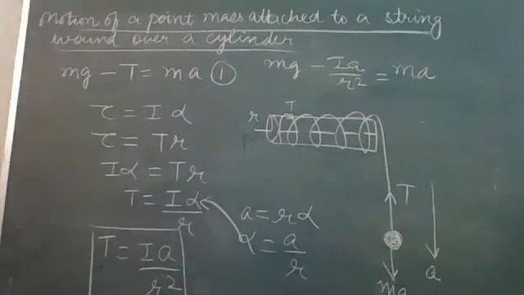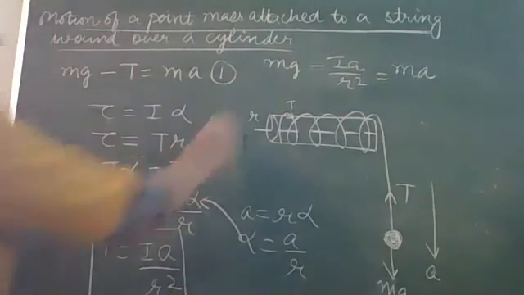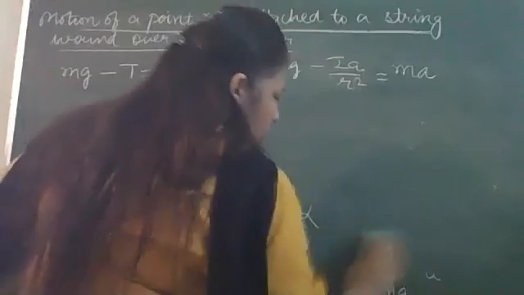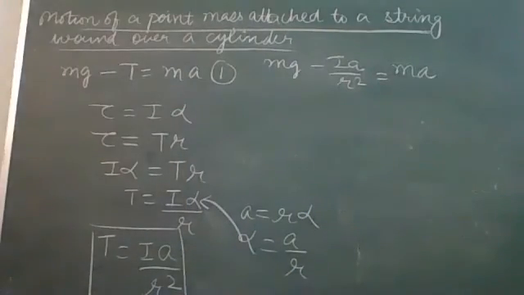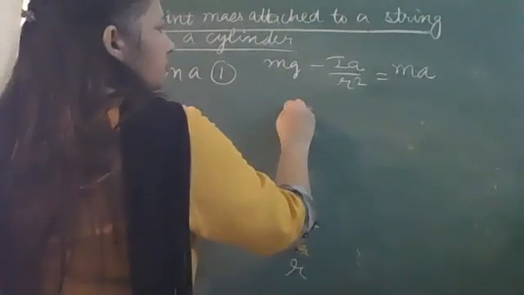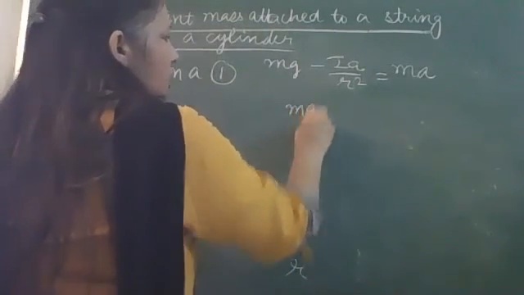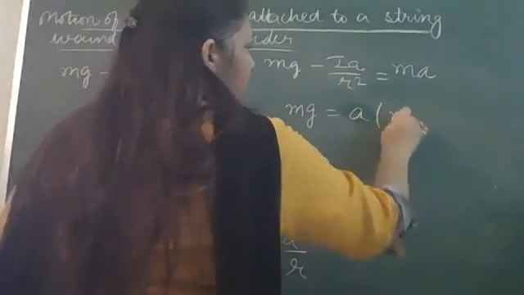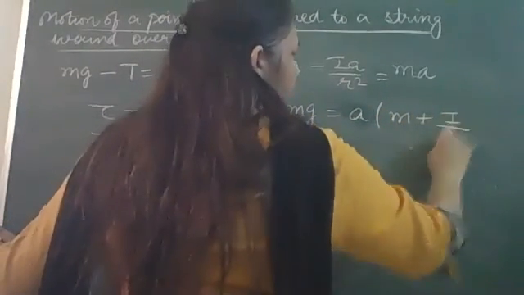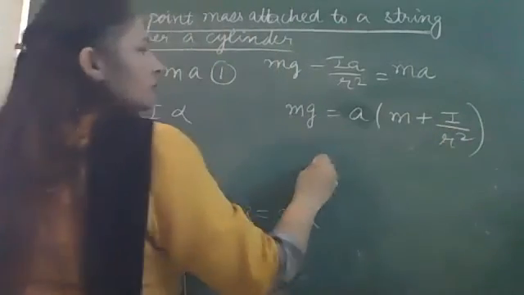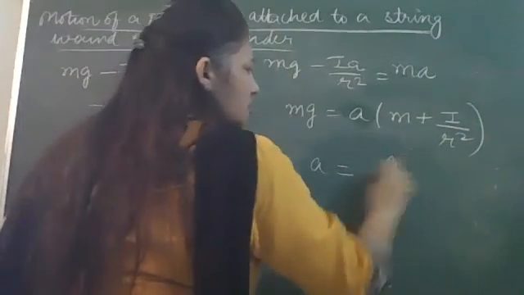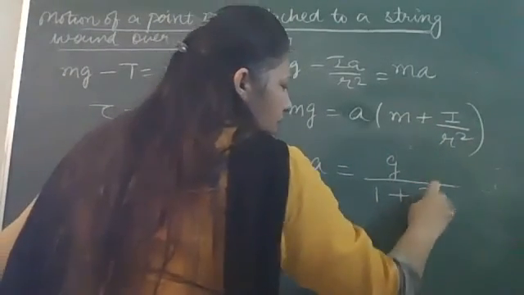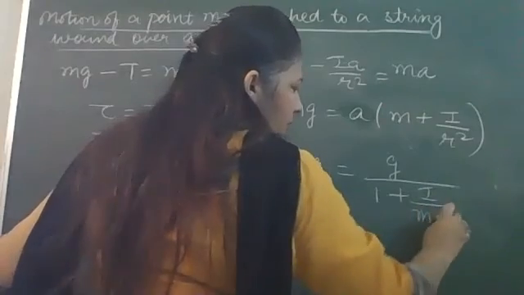We get this equation. Find the acceleration now. Take out a from here. So Mg is equal to a common. So acceleration comes out to be g over 1 plus I over mr square.